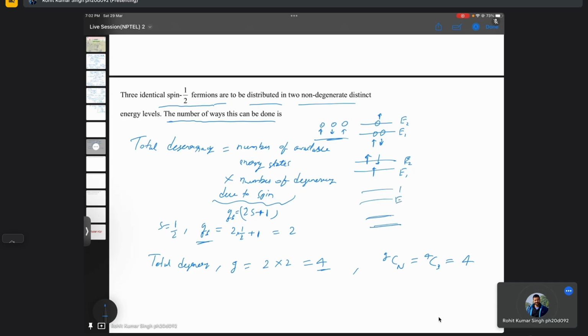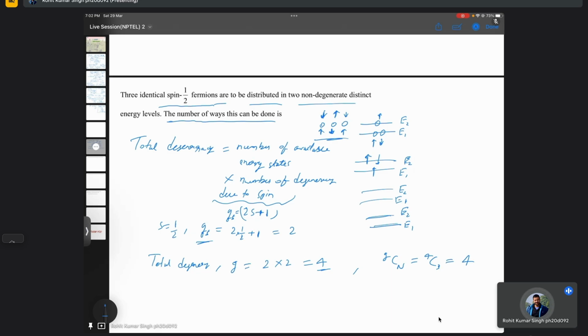Two ways I have already denoted here. The other 2 ways can be like this: out of these 3, 2 can have a spin up and 1 a spin down, as depicted here. Or 2 can have a spin down like this, and 1 can have a spin up.